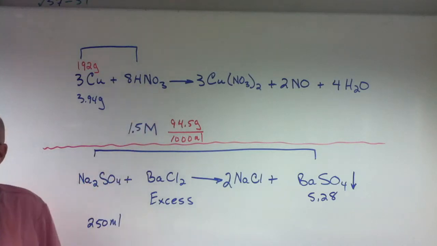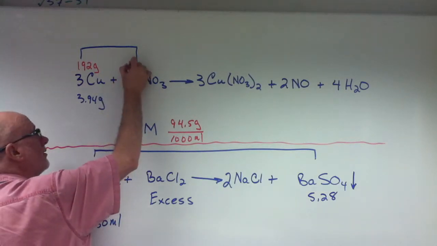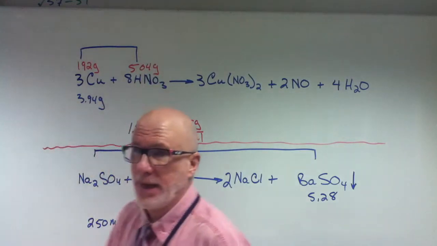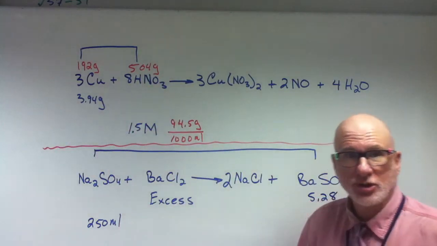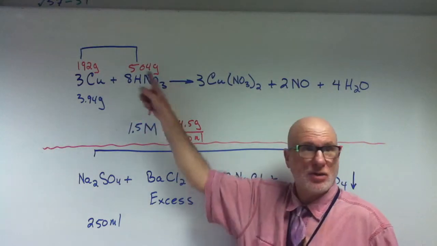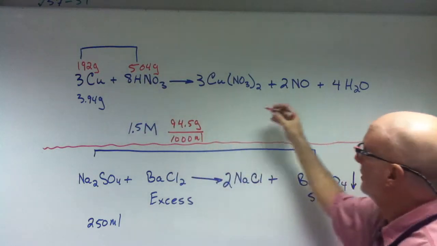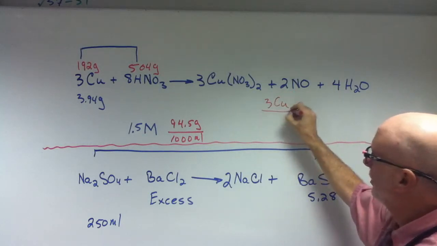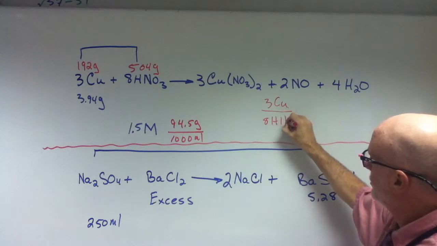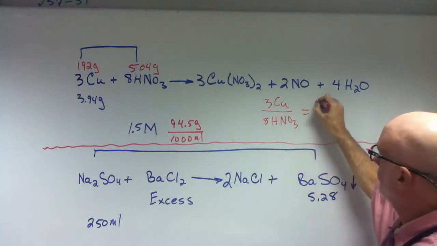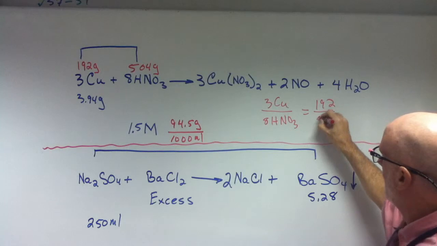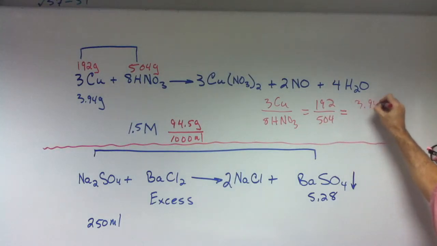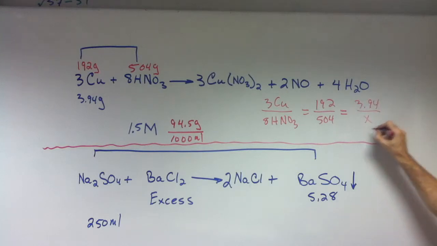What is it? 504. Okay, good. Now I want to set up a proportional relationship using that constant ratio. So I'll work right here. So it says 3 copper over 8 nitric acid equals 192 over 504 equals 3.94 over x.